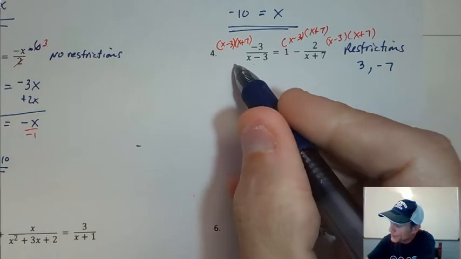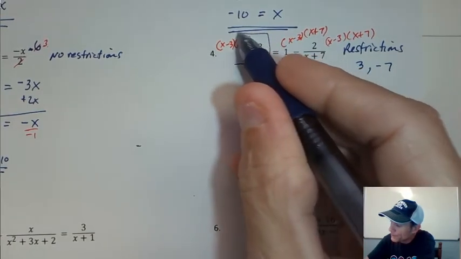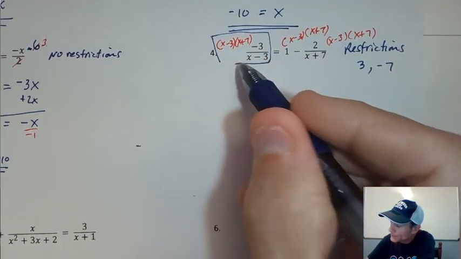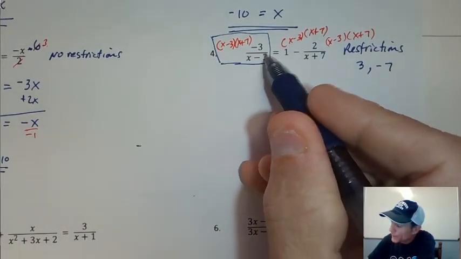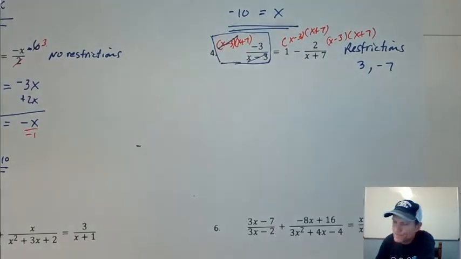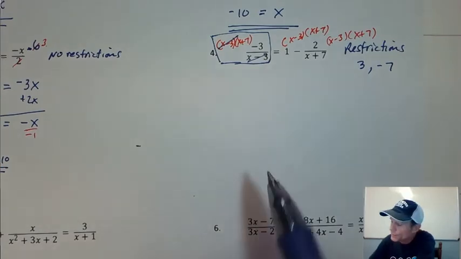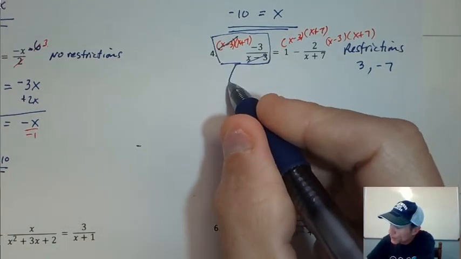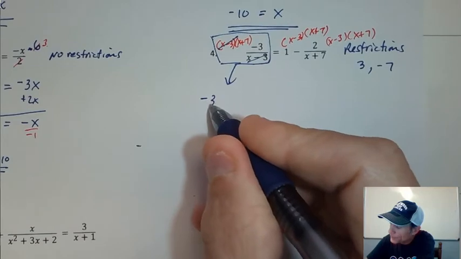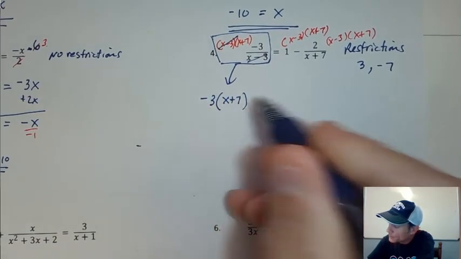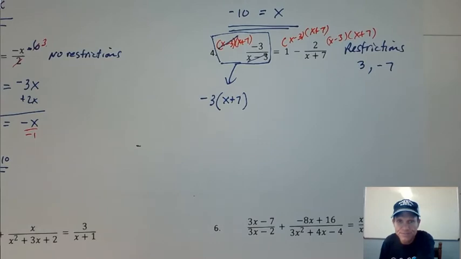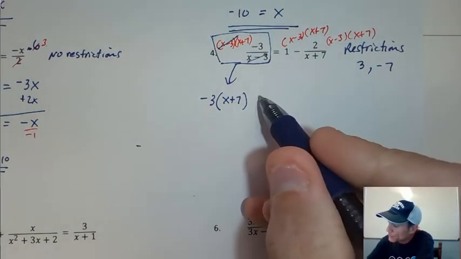In this sector right here, getting a little messy, the x minus 3 will cancel out. What I'm left with is negative 3 times x plus 7. That's what's left in that sector. Then I have my equal sign.